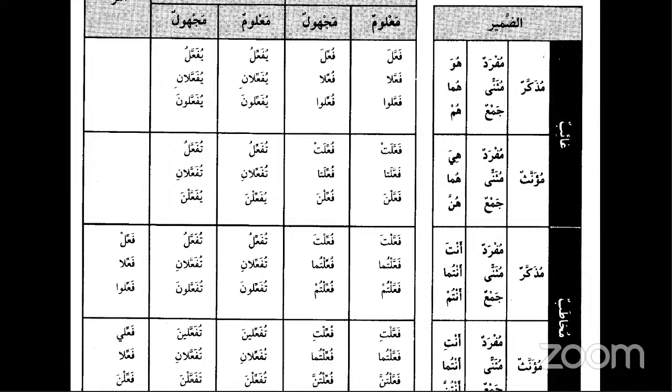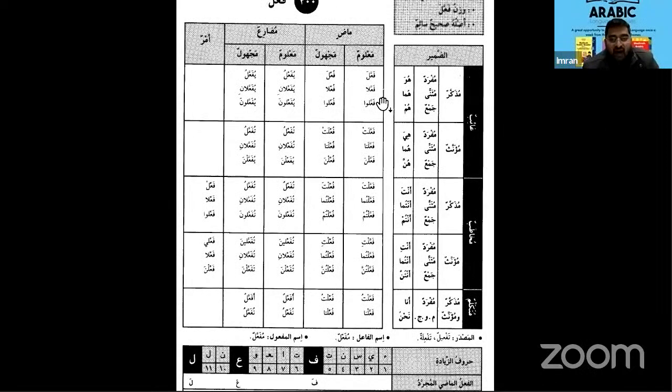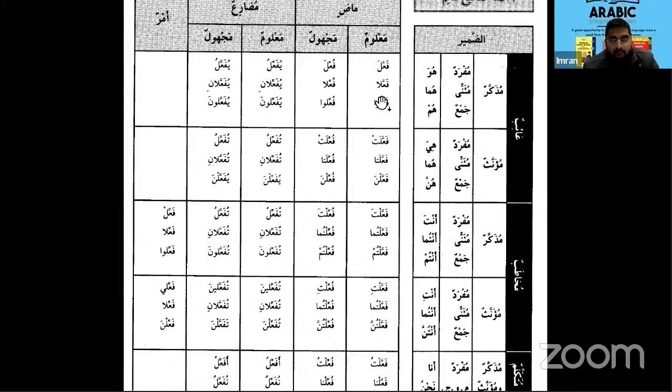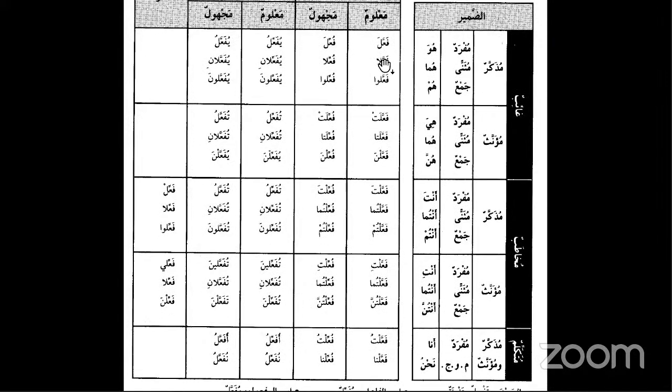Okay. So can you conjugate fa'ala? Fa'ala in the present tense or the passive? Past tense, fa'ala. Okay. Fa'ala. Huwa fa'ala. Huma fa'ala. There's no need for translation, just the actual verb conjugation itself. Okay.